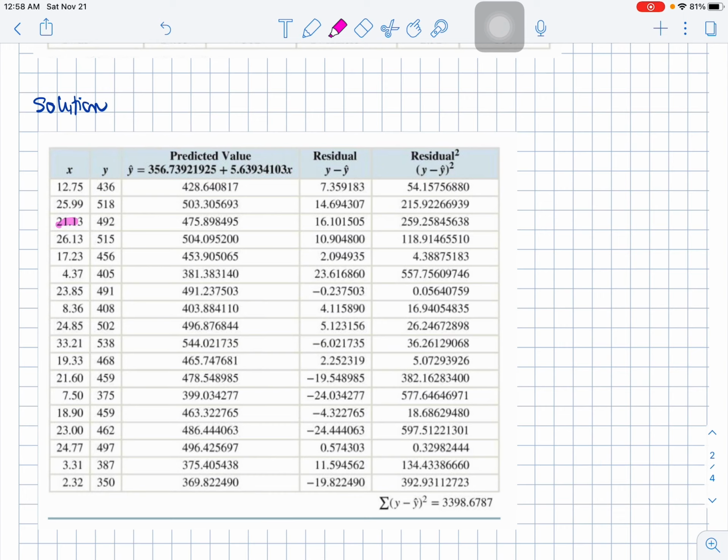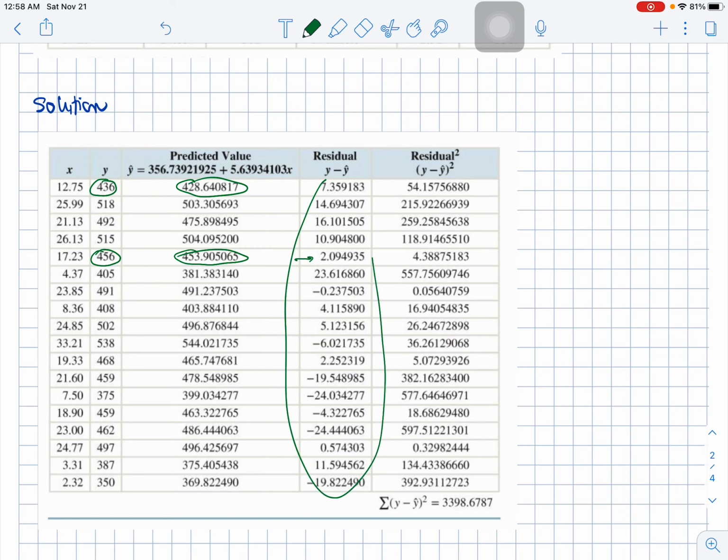Okay, so we have two y values. One y value is the actual, and the other is the estimate. We find the residual. The formula of the residual is y minus y hat. To get this number, 7.359183, we take the y minus y hat, and so on for the others.